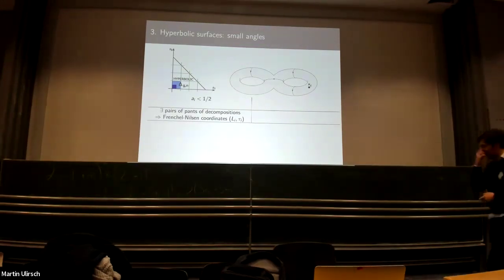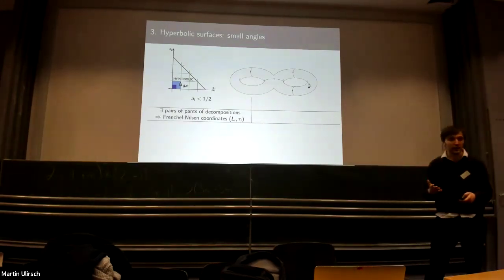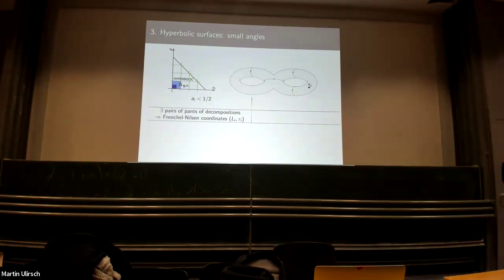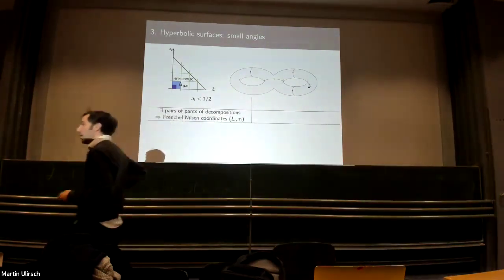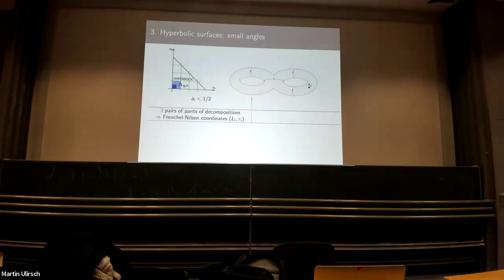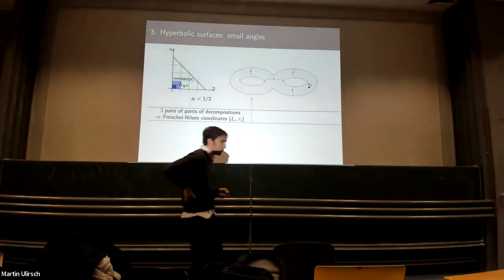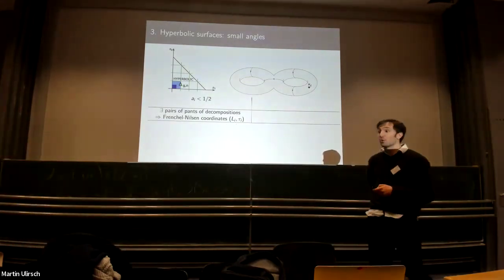And related to this pair of pants decomposition, there is a system of coordinates. Now I have a very different system of coordinates compared to the flat surface world. These are called the Fenchel-Nielsen coordinates. Any hyperbolic surface has a pair of pants decomposition. You mean probably there exists a specific pair of pants decomposition with some extra property. Yes, indeed. What I'm saying is I draw a pair of pants decomposition, a topological one.